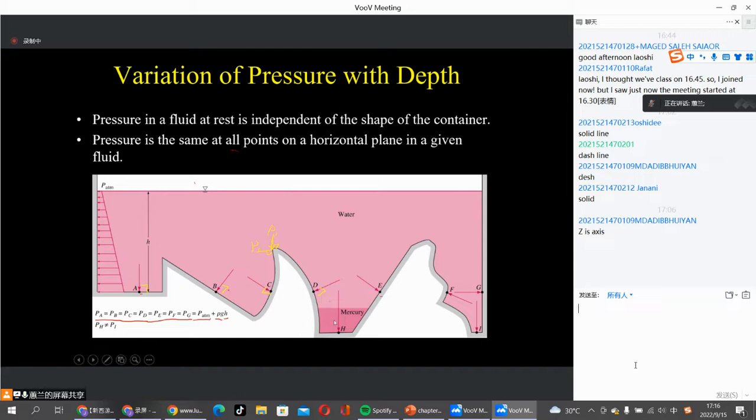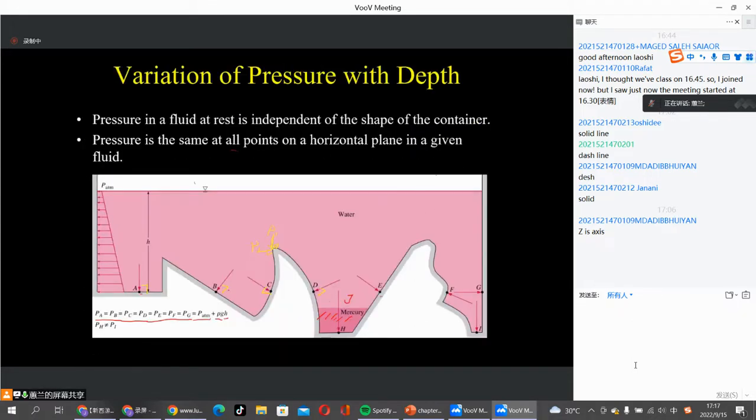However, here we got mercury, so h and l are not equal anymore. It's very important. Do you know how to calculate it?